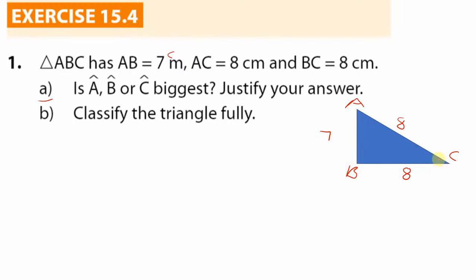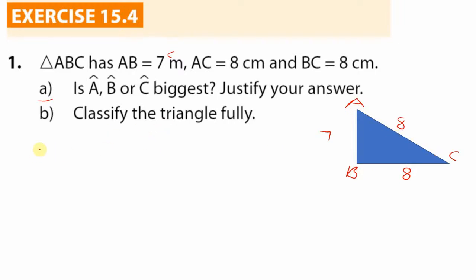So we know C is the smallest angle. But now, since opposite B we have 8 and opposite A we have 8, which is bigger than 7, A and B must be bigger than C. And since they are opposite the same side lengths, we know that angle A and angle B are the same.